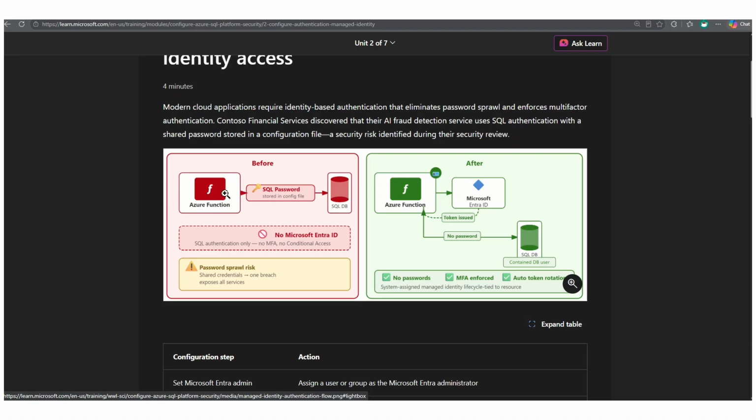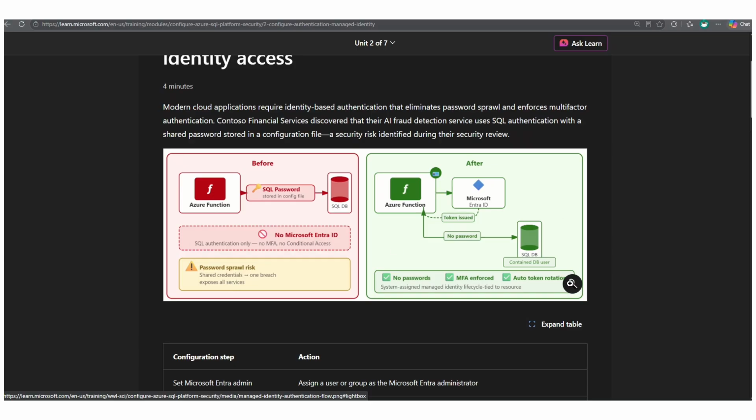Those system assigned and user assigned identities are for all the resources that need to have access to, in this case, a database. Now, this would create the password sprawl risk that we are discussing. Shared credentials, because one breach exposes all those services.